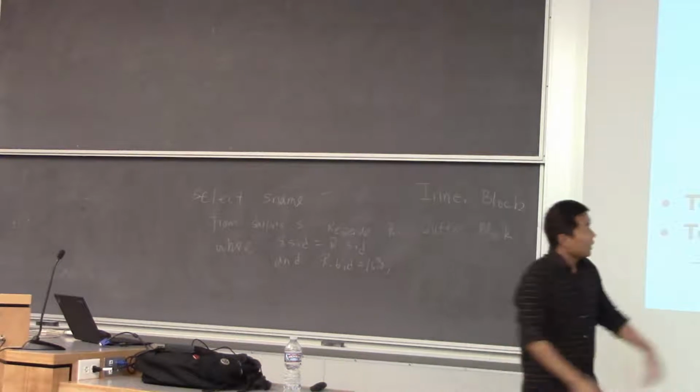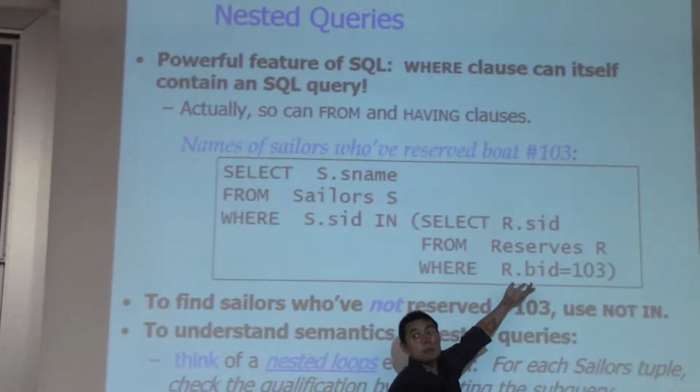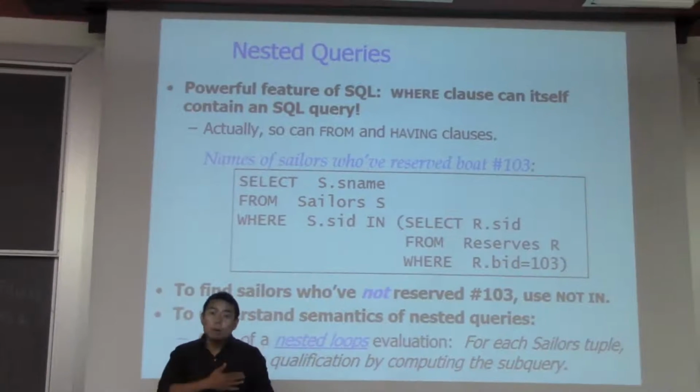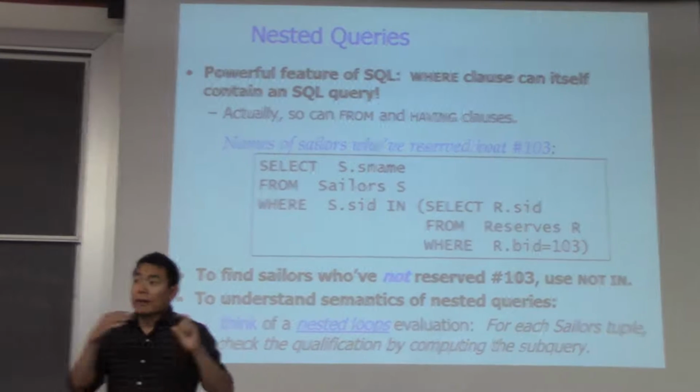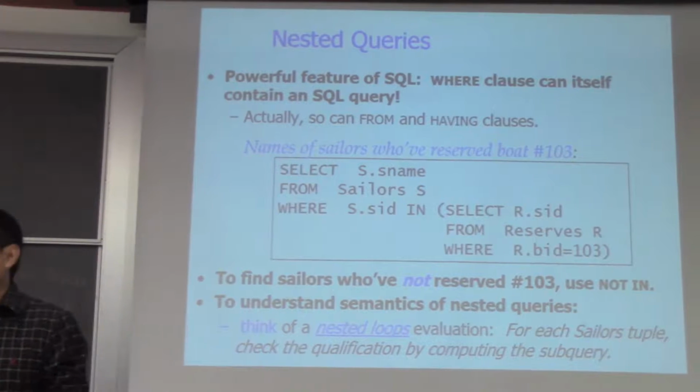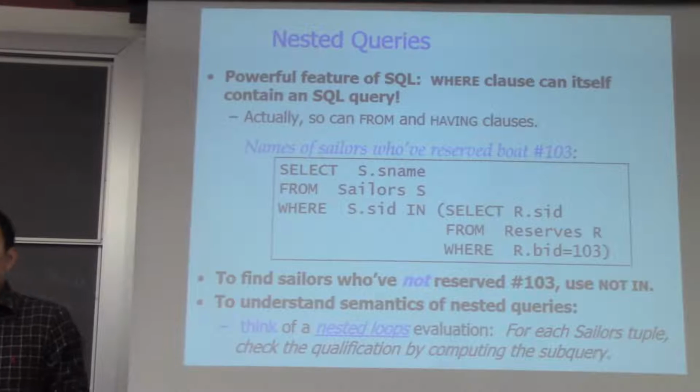In the inner block, you find the sailor IDs who have made a reservation on both 1 and 3. And in the outer block, you simply go through the sailor table and check if the sailor ID matches one in the set of sailor IDs who reserved both 1 and 3.